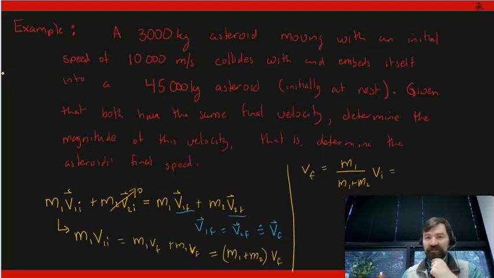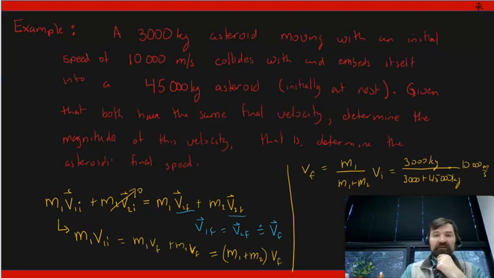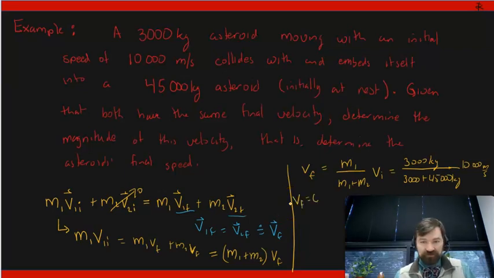So that is 3,000 kilograms divided by 3,000 plus 45,000 kilograms, times 10,000 meters per second. You can plug that into your calculator to get a final speed of about 625 meters per second.